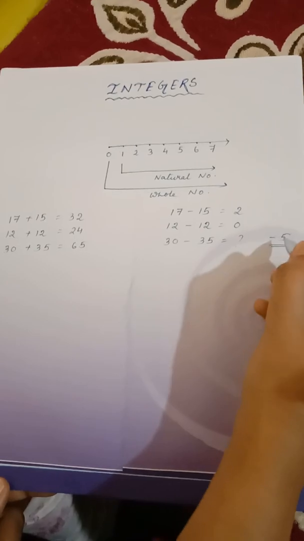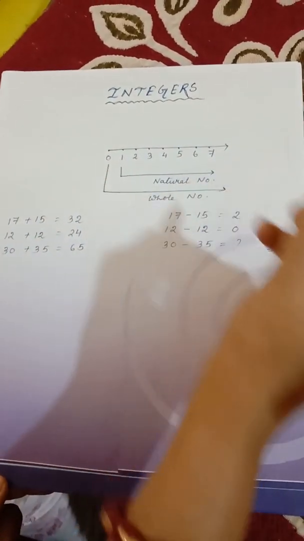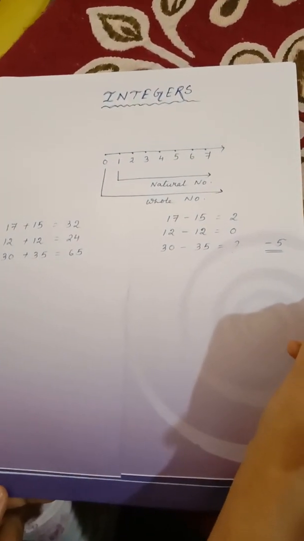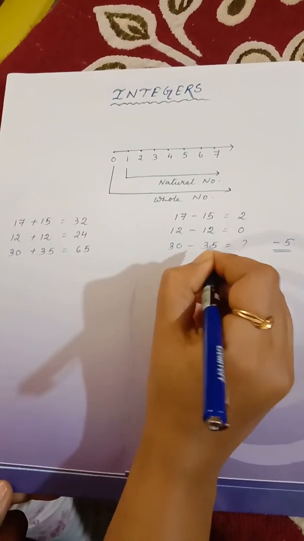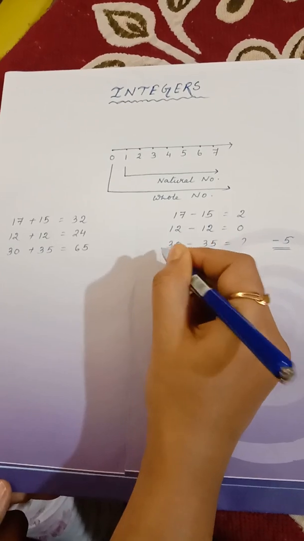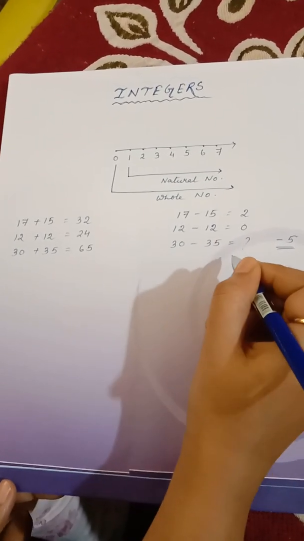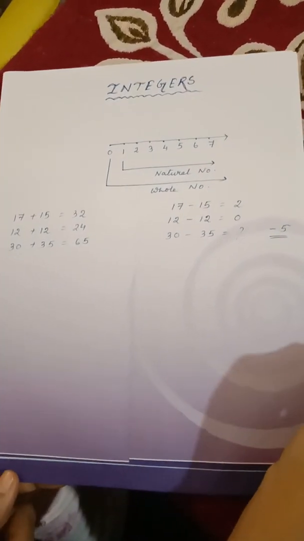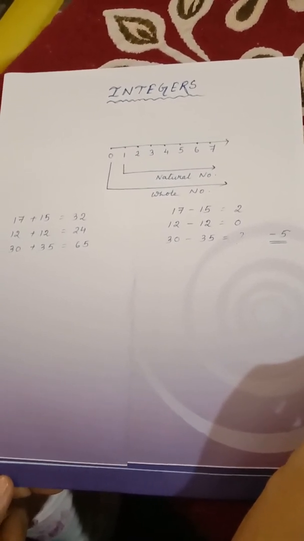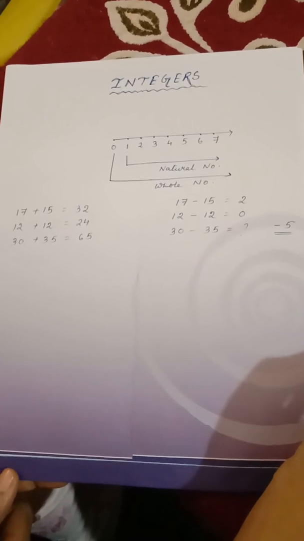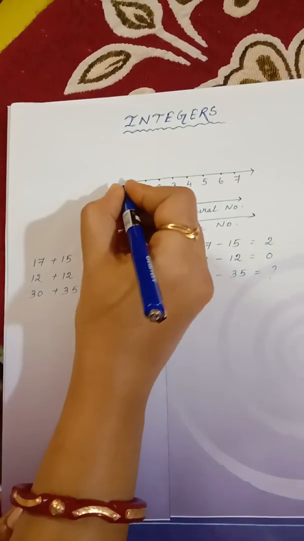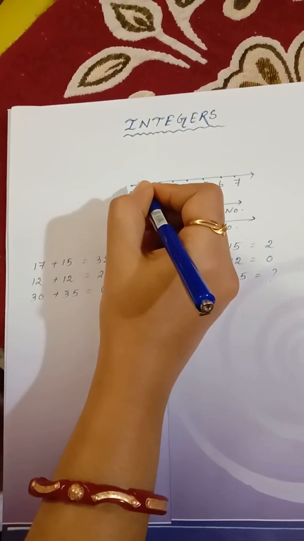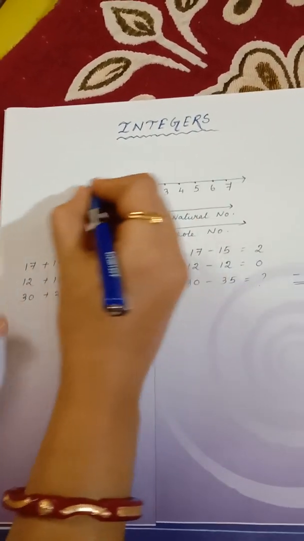But this minus 5 is not there in the whole number system. That is, when a bigger whole number is subtracted from a smaller whole number, we don't get a whole number. For that, we have to enlarge the number system to get the answer of all subtractions. Thus, we introduce negative numbers to the number line.